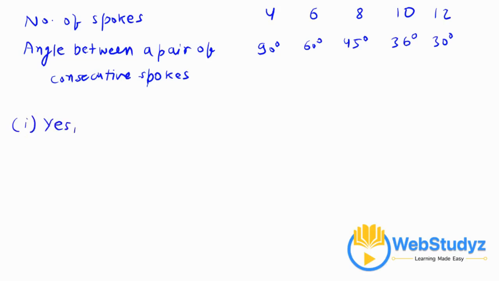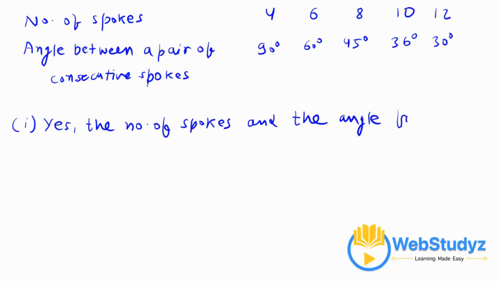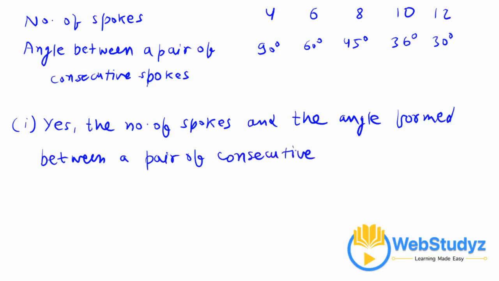Yes, the number of spokes and the angle formed between a pair of consecutive spokes is in inverse proportion.